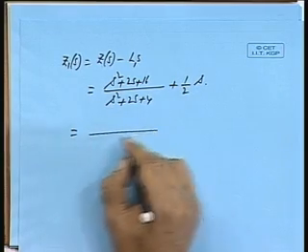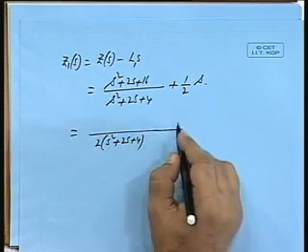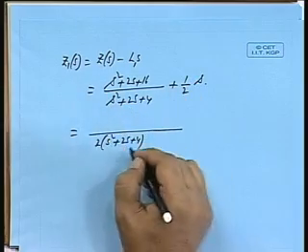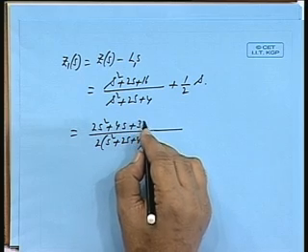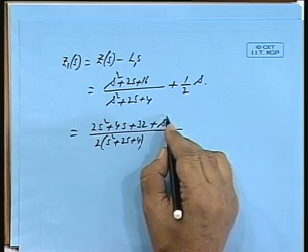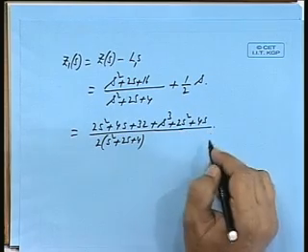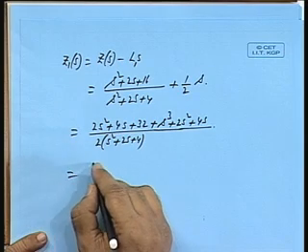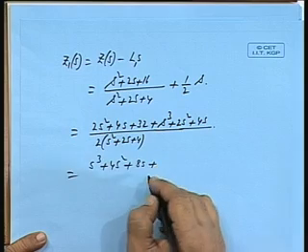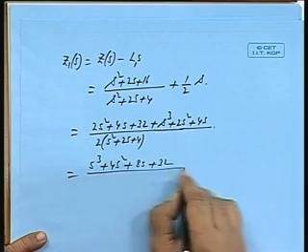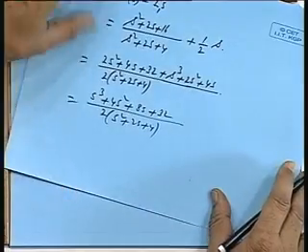So, you get 2 into s squared plus 2s plus 4, and here it is twice s squared plus 4s plus 32 plus s cubed plus twice s squared plus 4s. Correct me if I am wrong. So, that gives me s to the power 3 plus 4 s squared plus 8 s plus 32 divided by 2 into s squared plus 2s plus 4. Is that all right?